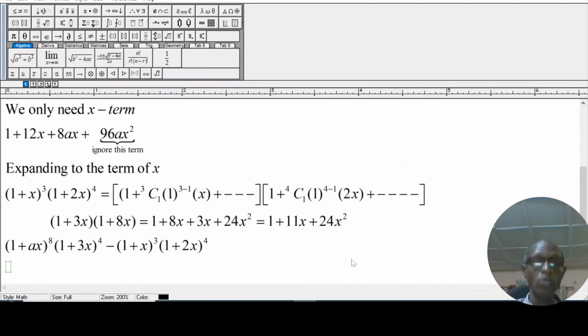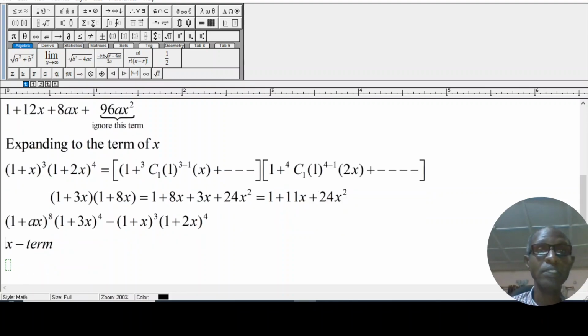So for the x term, you can see there is a minus here.